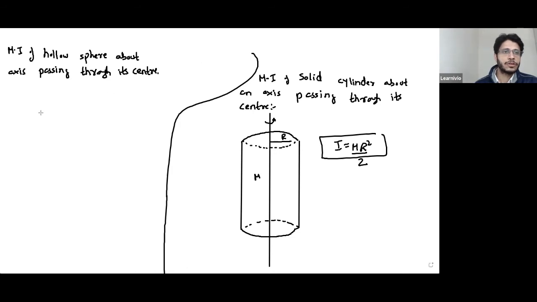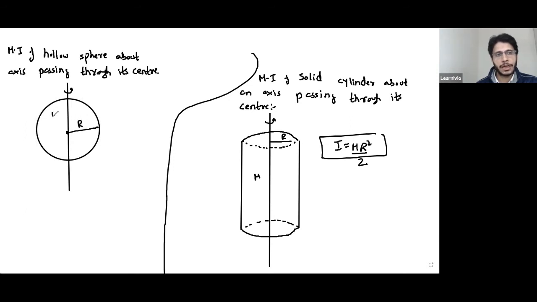So if you have a hollow sphere and I take an axis which is passing through the center of the sphere, this axis. The radius of the sphere is r and the mass of the sphere is m. The moment of inertia about this hollow sphere is 2 by 3 mr square.